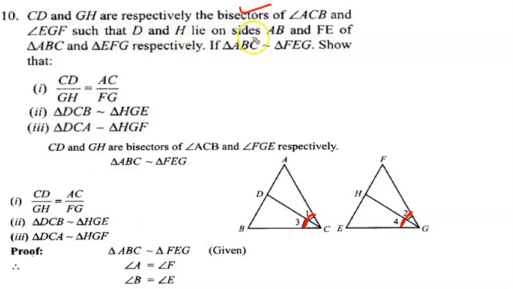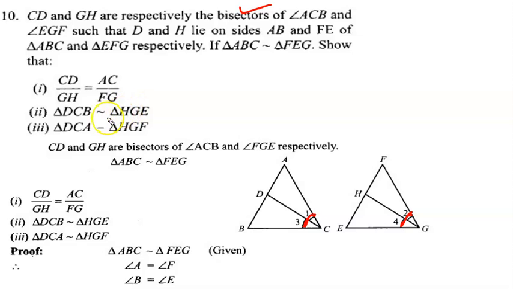D and H lie on sides AB and FE, so they lie on the opposite sides. So what you have to prove here is that CD by GH is equal to AC by FG. This is the first thing we have to prove.